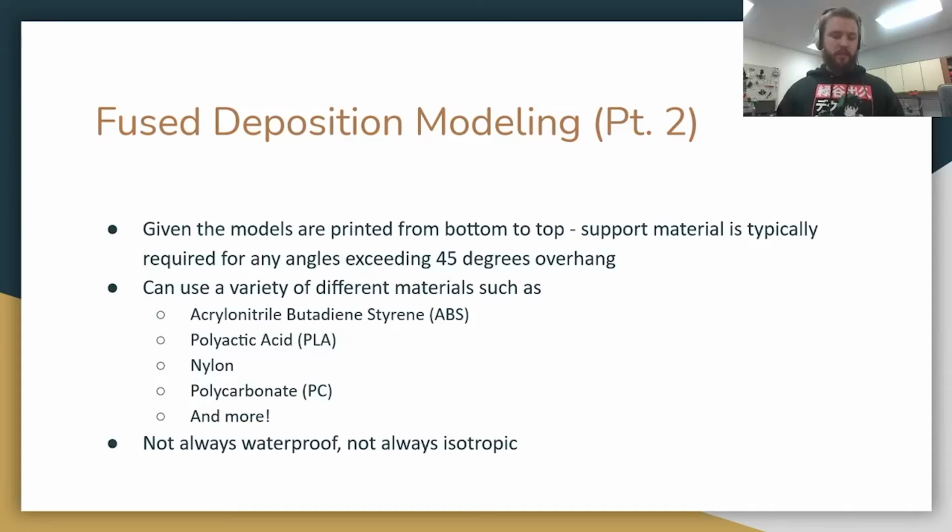It's also not always isotropic. As I mentioned earlier, this is how it looks on the inside, meaning that the surface area right here is going to be a lot more dense and harder to break than the inside. So if you had something that was long and bendy, it would be easier to snap it in half. So it's not as strong on all sides.